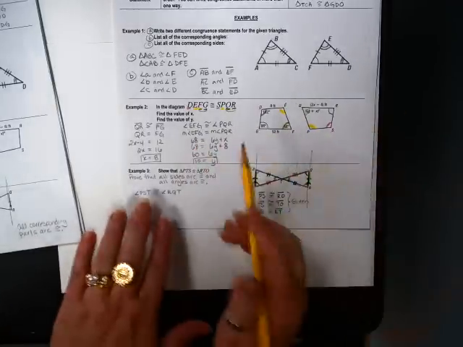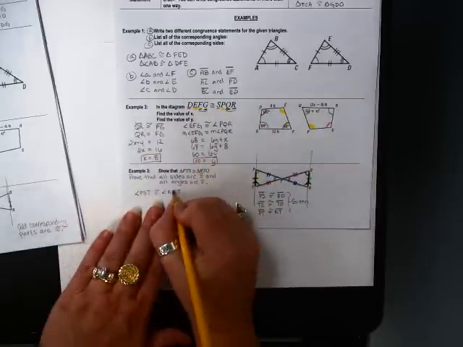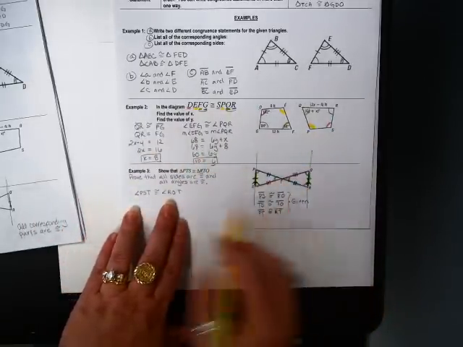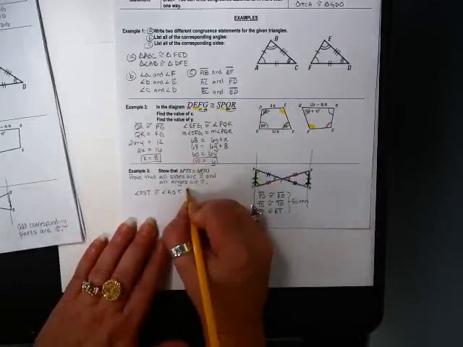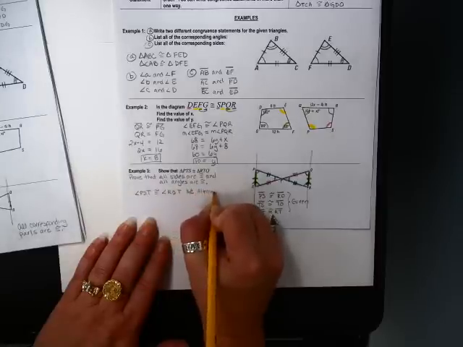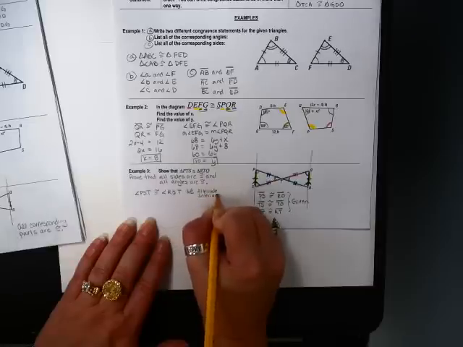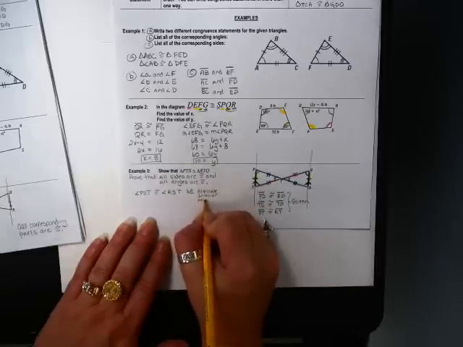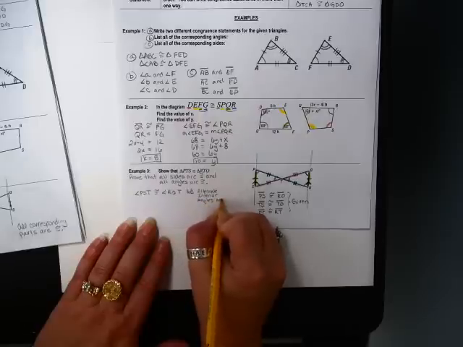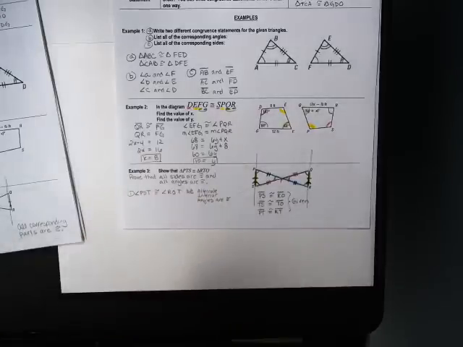Looks like a Q there, but it's an O here. So let me change that back to O. ROT, and that's because alternate interior angles are congruent. Okay, so we've got one set of angles congruent.